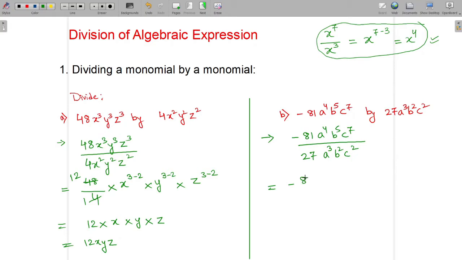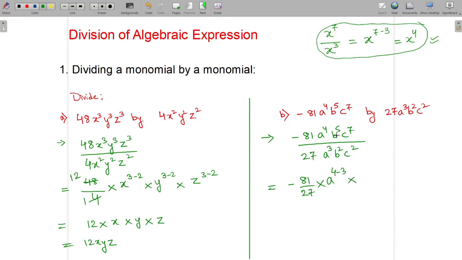So minus 81 by 27, the number is getting divided by the number, into a, see, the same base, that is the same alphabet, they are getting divided, so the power will get subtracted. So we need to write the alphabet once, a to the power 4 minus 3, the power in the numerator minus the power in the denominator. You have to remember that.